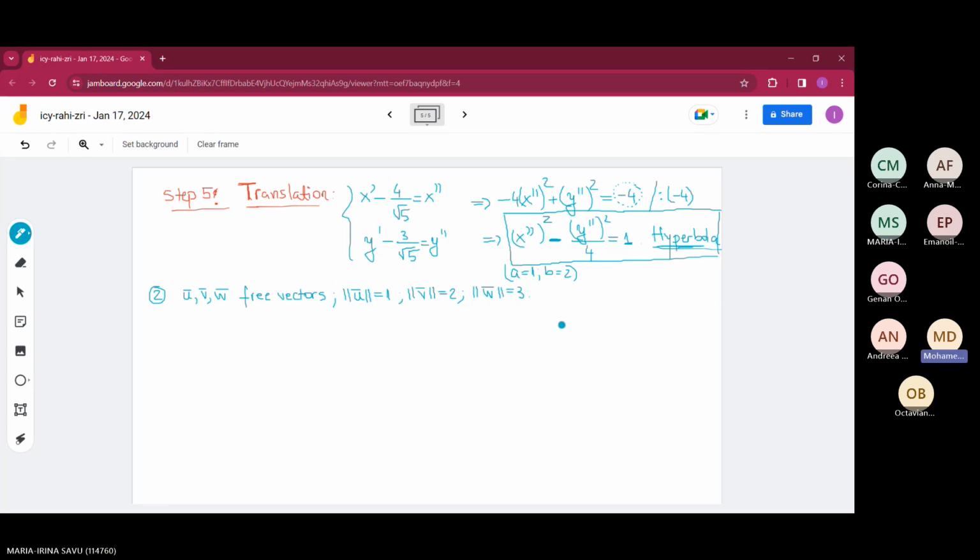The angle formed by u with v is pi over 6, and the angle formed by u with w is pi over 3. Compute the length of u minus 3v plus 2w.